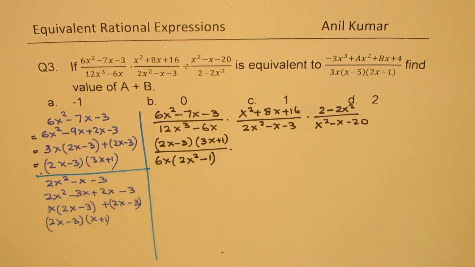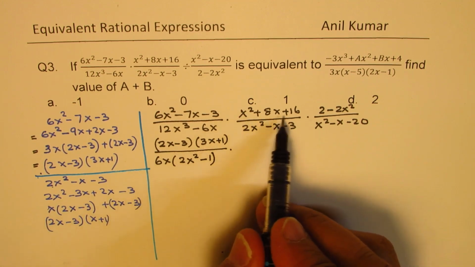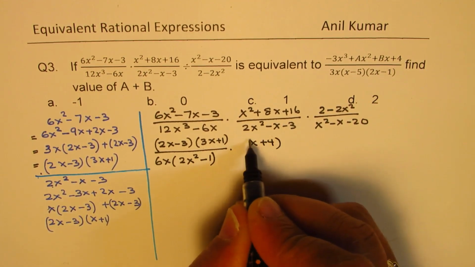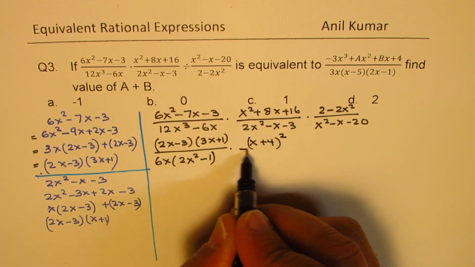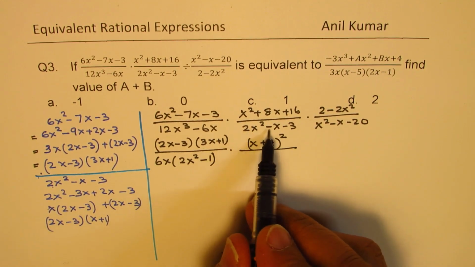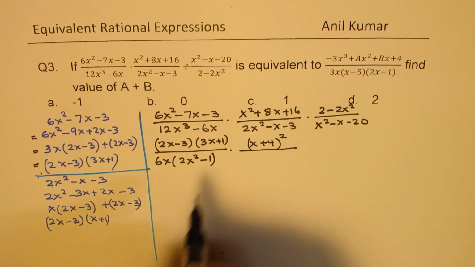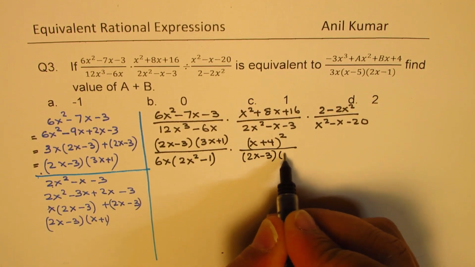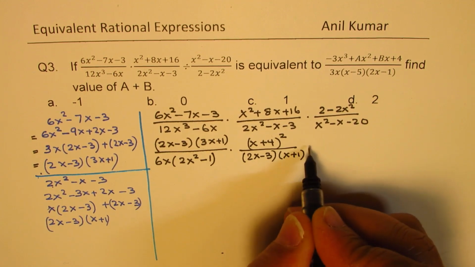Right. X squared plus 8x plus 16 can be written as x plus 4 whole square over 2x squared minus x minus 3, which we factored here: it is 2x minus 3 times x plus 1.